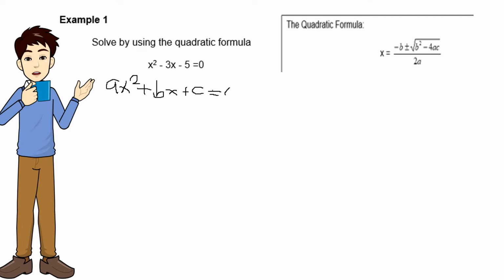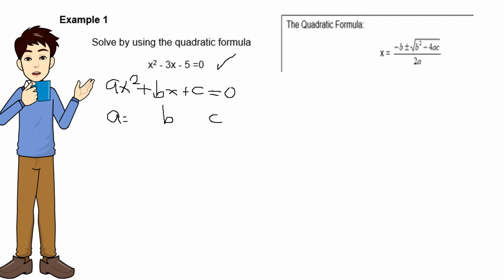So kapag ang ating given equation is within a standard form, then the next thing that we are going to do is determine the value of our a, b, and c. Okay. So based on our given equation, this is already in a standard form. Next, let's have the value of our a, b, c.